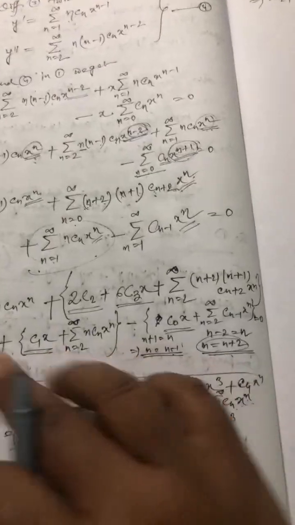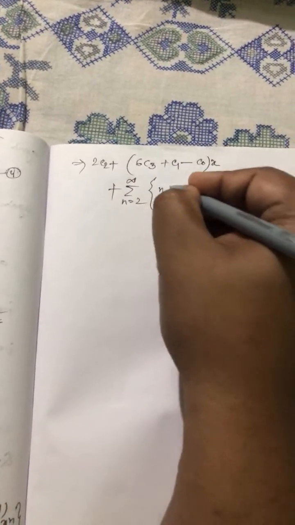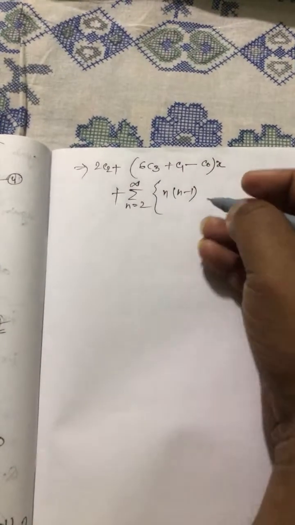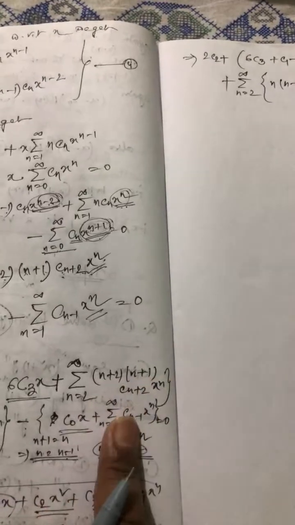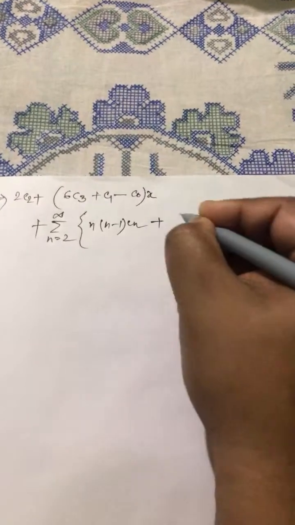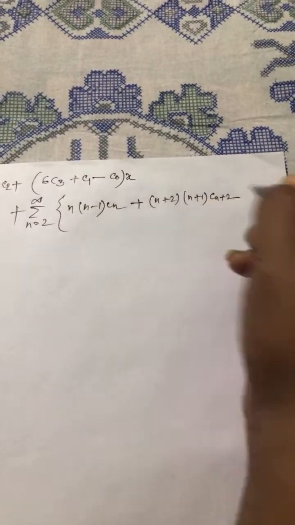And after that, finally you need to consider the summation. And the summation is what? Summation n equals 2 to infinity n into n minus 1 cn, then n plus 2, n plus 1, cn plus 2.